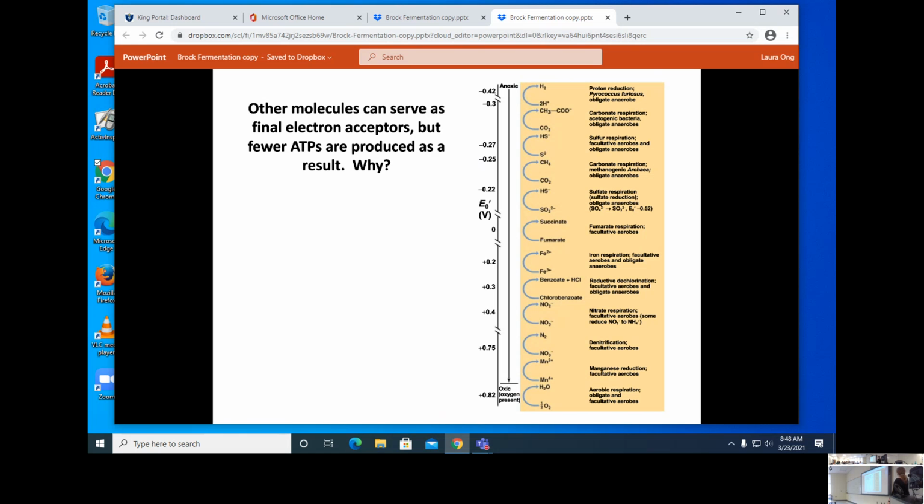So we can put a therefore on here. Therefore, doing aerobic respiration essentially unlocks more energy and leads to greater ATP production.